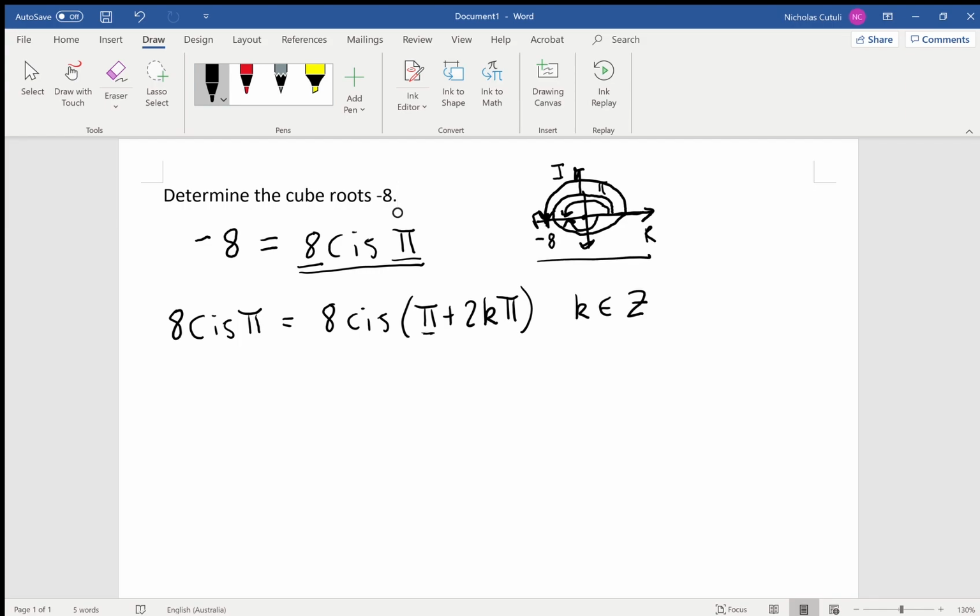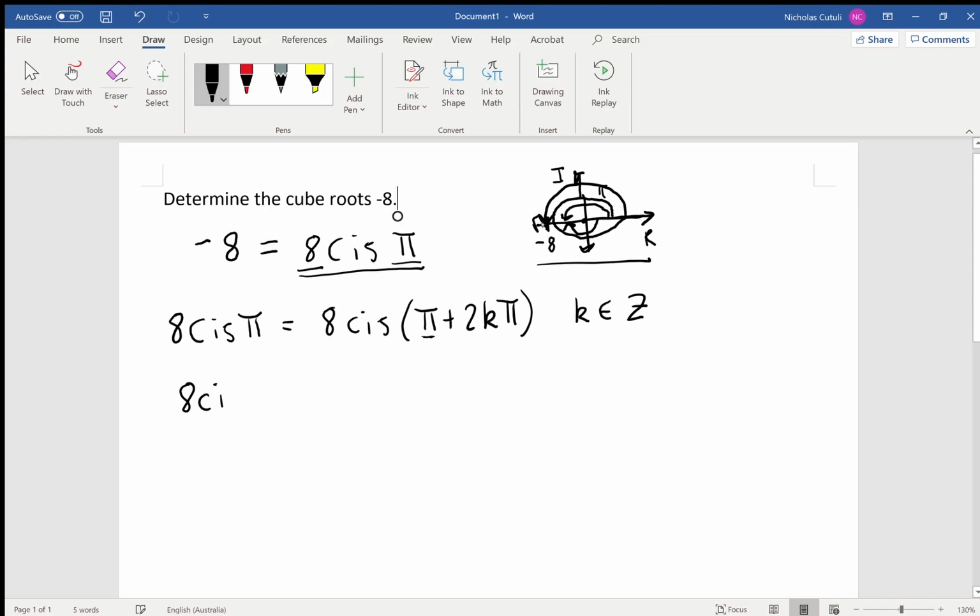Okay, now we are interested in the cubed root of 8 cis pi. Okay, the cubed root, which is the same as to the power of a third. All right, so I'm going to write this other part, the second part, to the power of a third as well.